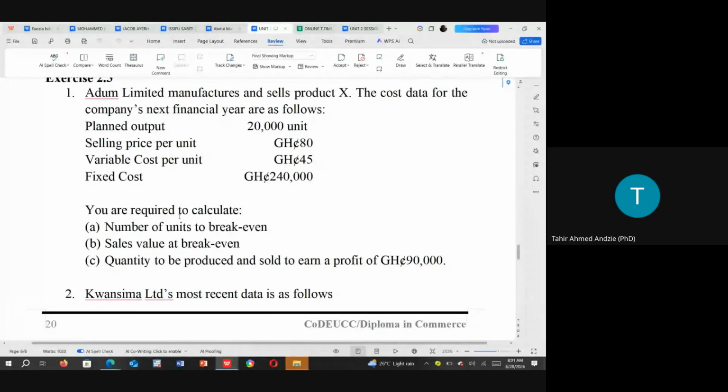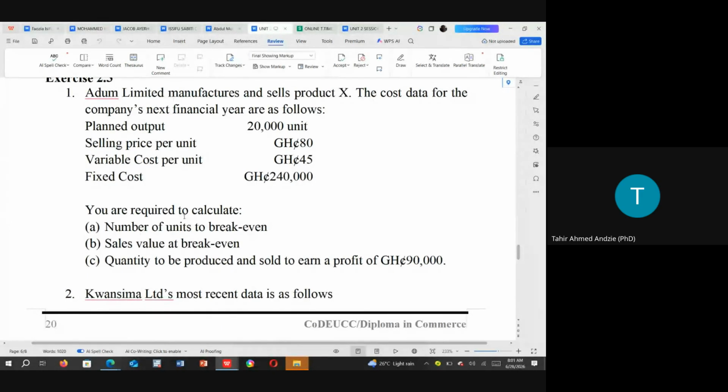Now let us use the contribution margin ratio to also find it. Let's calculate our contribution margin ratio. Our contribution margin ratio is equal to 35 over 80. That gives us 0.4375. Good.